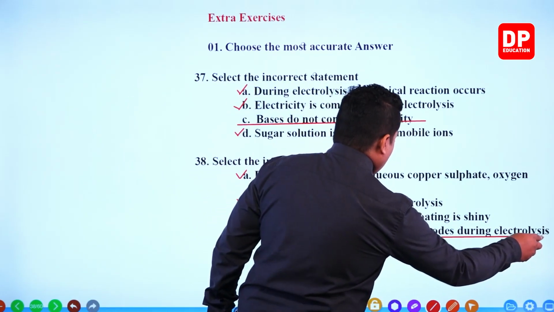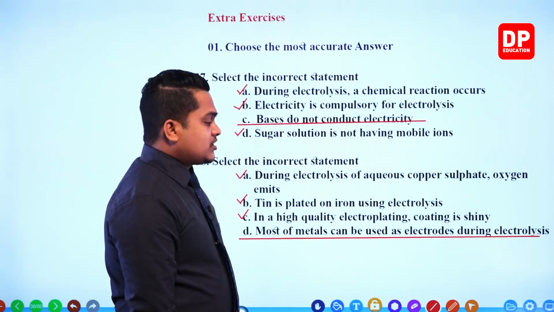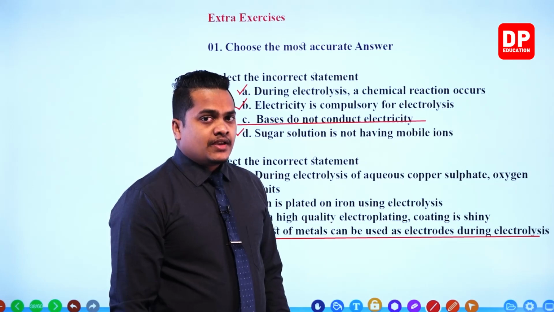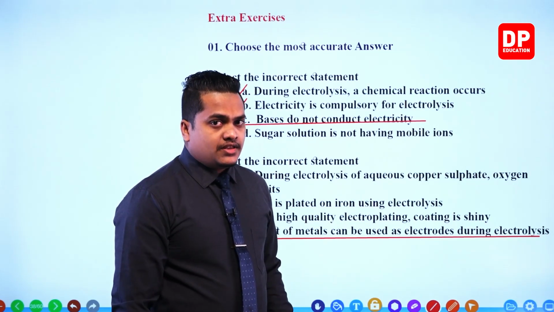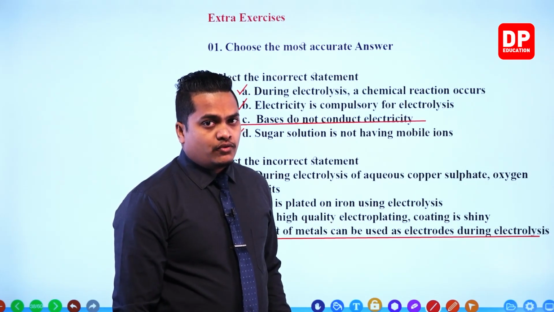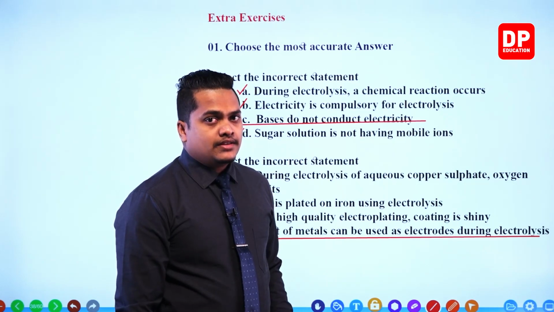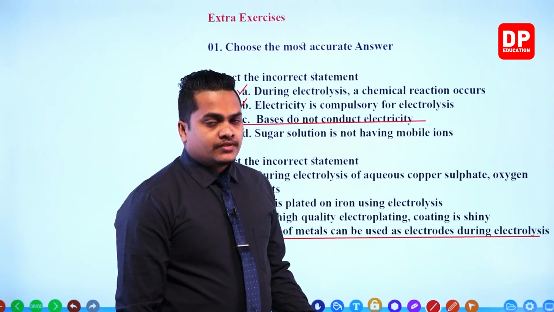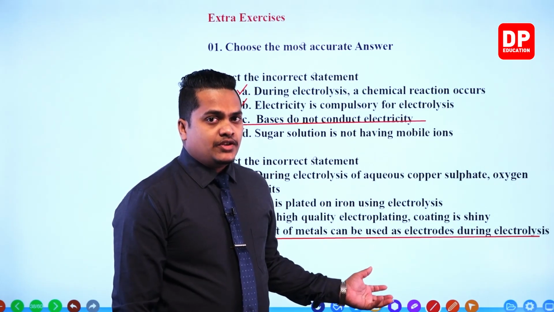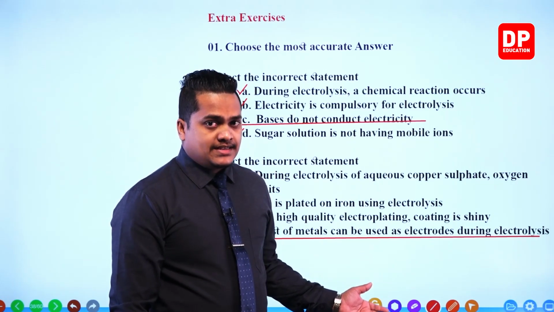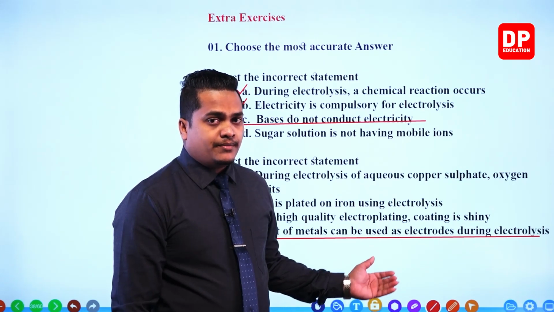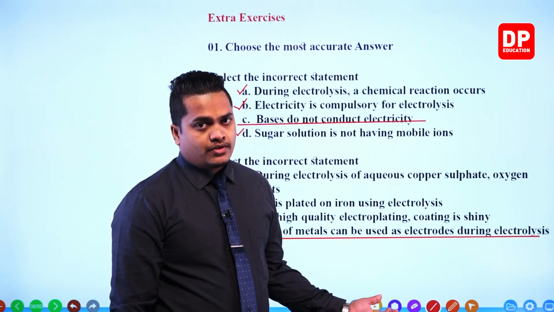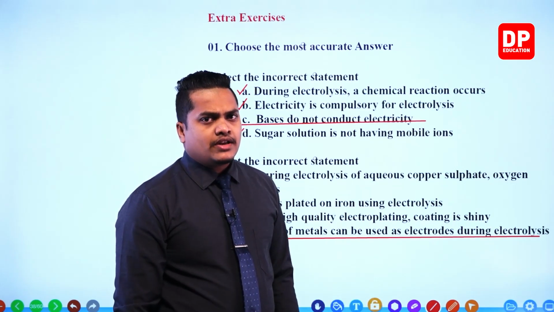We can't use most metals as electrodes because the metal will react with the solution and we won't get the necessary result. The metal we can use as an electrode is platinum, because platinum is an inert electrode, but other metals are not inert.